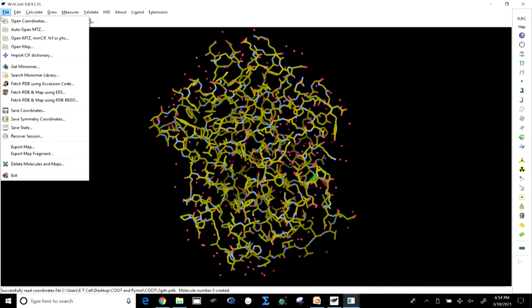So, here you get open coordinate, auto open MTZ, open MTZ, MMC, FCF, PHS, open map, import zip dictionary, which is a very good one. If you remember in the previous class when we were discussing the PDB file, I showed you the difference between atoms and heteroatoms.